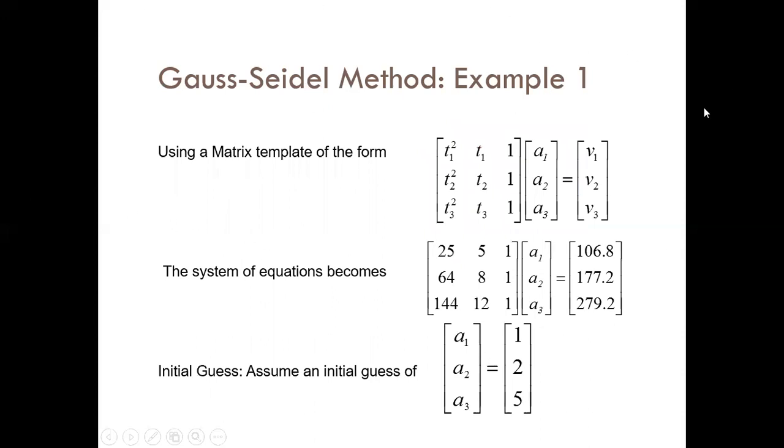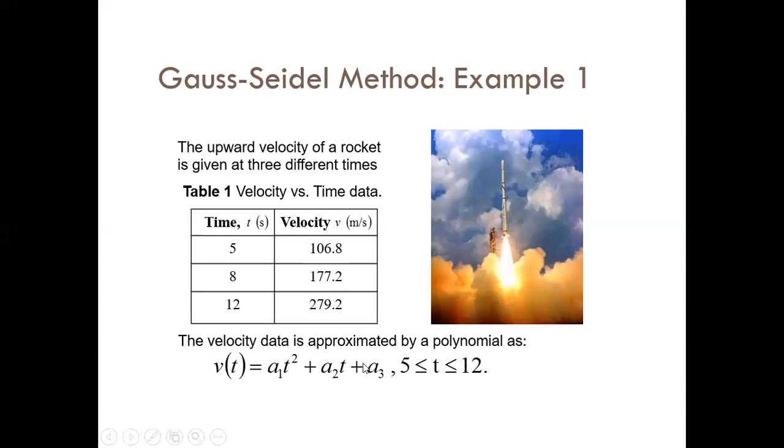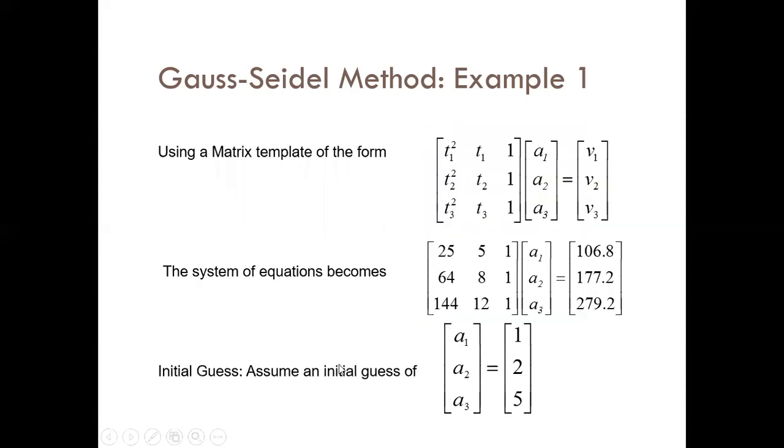Then using a matrix, write this equation in the form of a matrix: a1 t1 square plus a2 t1 plus a3 is equal to v1. In matrix form: t1 square, t2 square, t3 square, t1, t2, t3, 1, 1, 1, times a1, a2, a3, equal to v1, v2, v3.